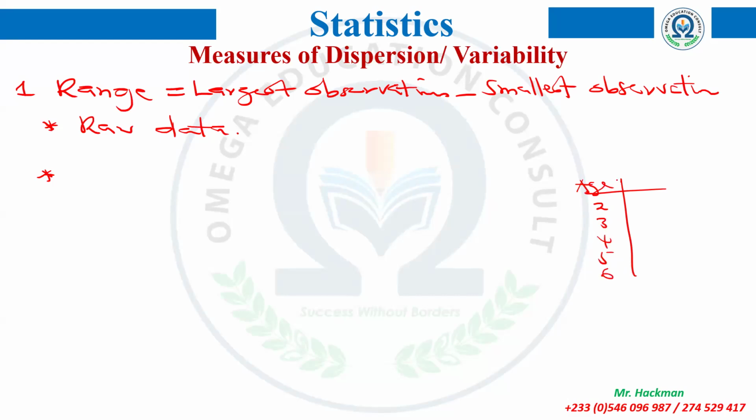In terms of the ungrouped, we said your observations will be increasing downwards. So your first observation would always be the smallest observation, and your last observation here will be the largest observation. So it will always be the difference between this and that. So that will give us 6 minus. Is that clear?